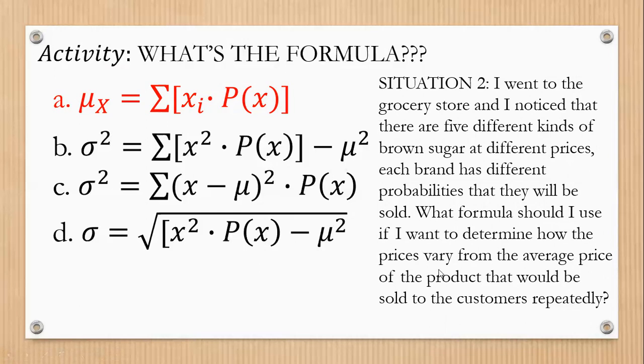The keyword here is the word vary. How do the prices vary from each other? If it talks about variation of something or any number, which formula do you think applies to situation number 2?